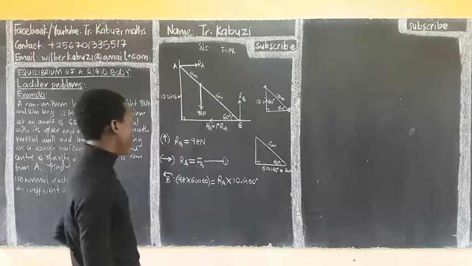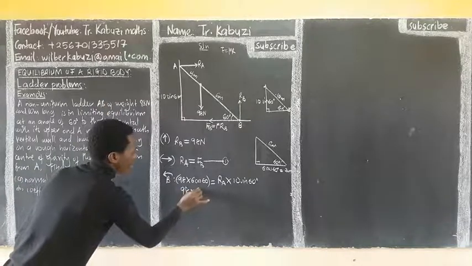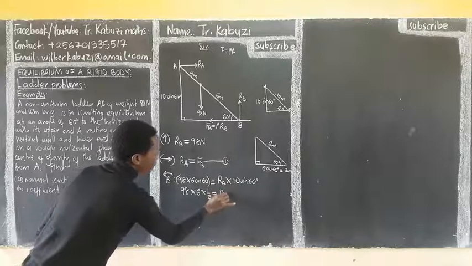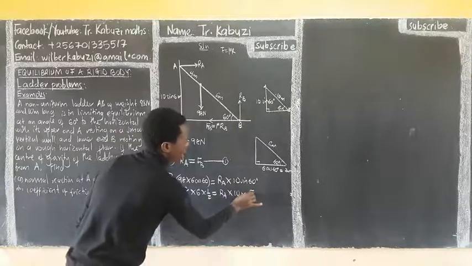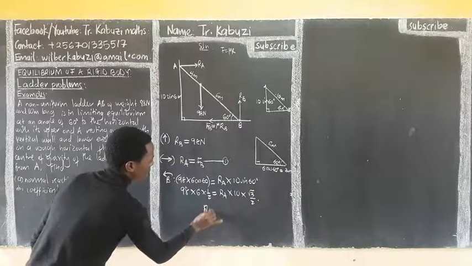So this is going to be 9 times 6 cos 60, which is a half, equal to RA times 10 sine 60, which is √3/2. From there, we can determine RA.